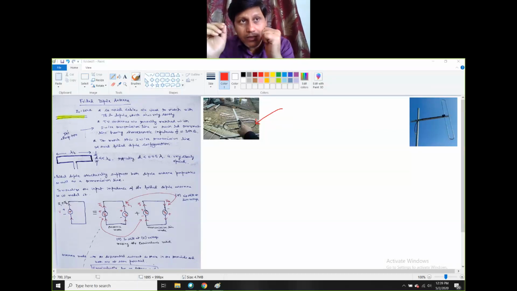But the challenge is that the impedance of the twisted pair cable is basically 300 ohm. To match that with the radiator, we can't use the dipole antenna with an impedance of 75 ohms. We should go for a higher impedance to match it properly so that maximum power will be transmitted. And for that also we are using the folded antenna configuration. So that's the introduction from my side.